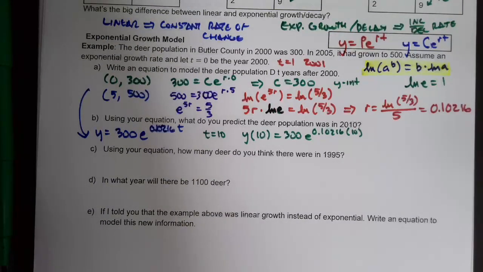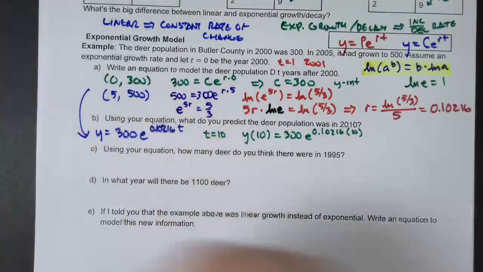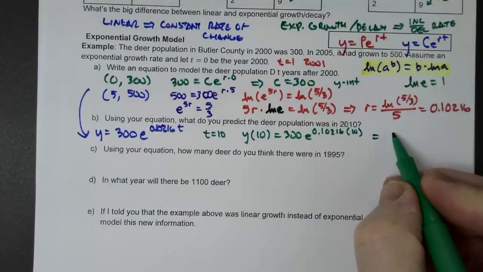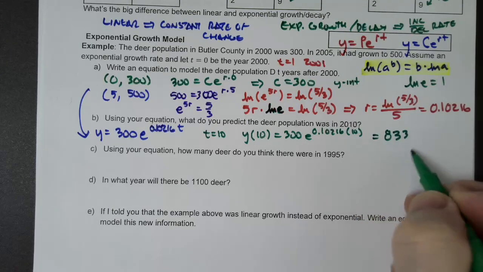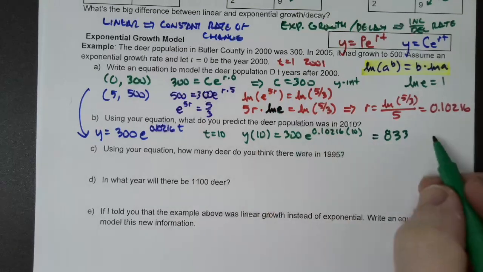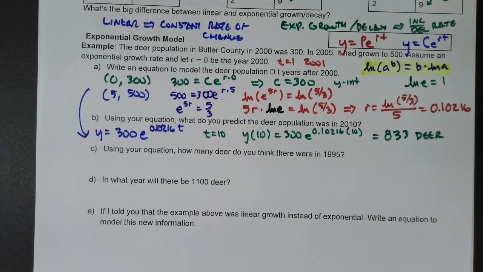And like we did the last time, I'm just going to jump over to my table. Oh, 10's already entered in here. So I know that this is going to give us 833. And since it's 0.29 and we're talking about deer, I'm going to always round down because we don't have that next deer. We've got one little mama deer out there ready to give birth, but not yet.